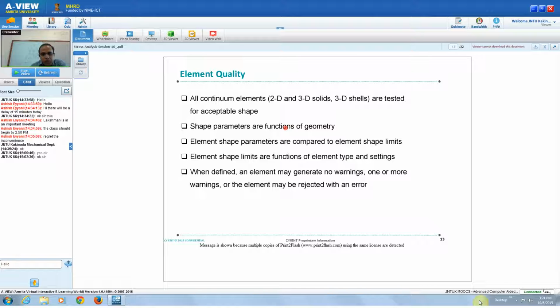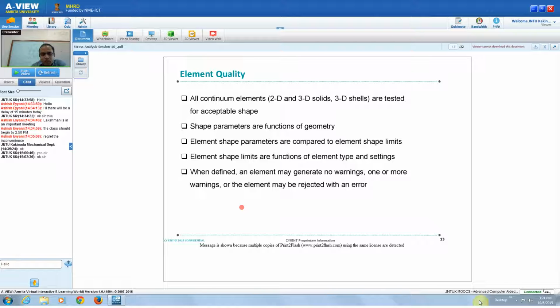Basically, these elements depend upon shape parameters, and these shape parameters are functions of the element geometry. Element shape parameters and shape limits depend upon element type and settings. The user can change the settings.